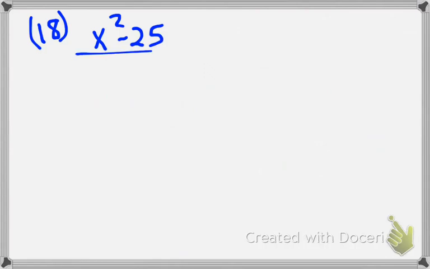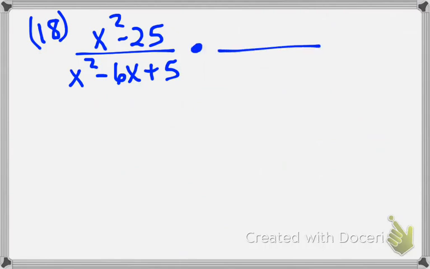Alright, number 18. This is a division problem, but the process is not really that different. The only problem we have with division, and I'm going to go ahead and start out doing that first here: if I have division, I have to change it to multiplication and flip the second fraction.